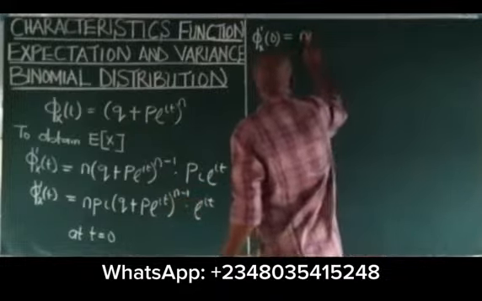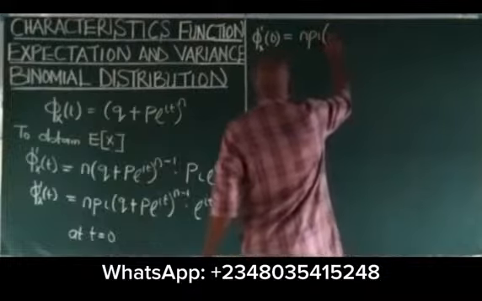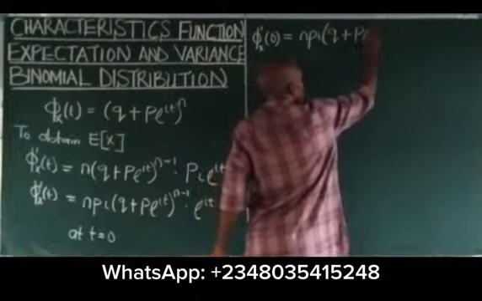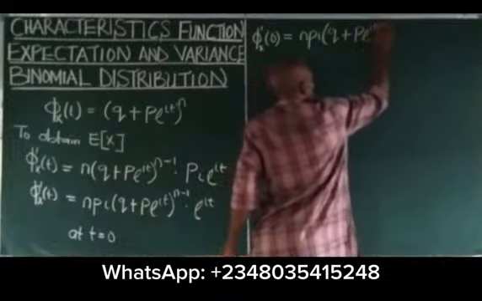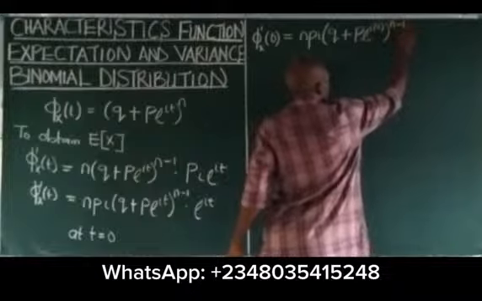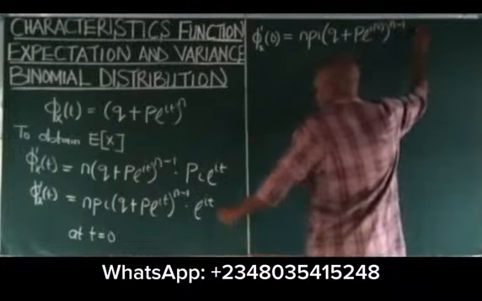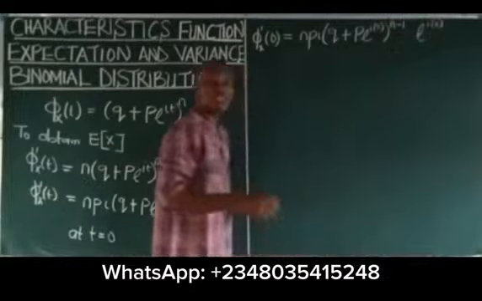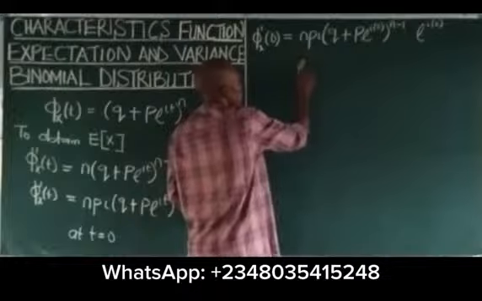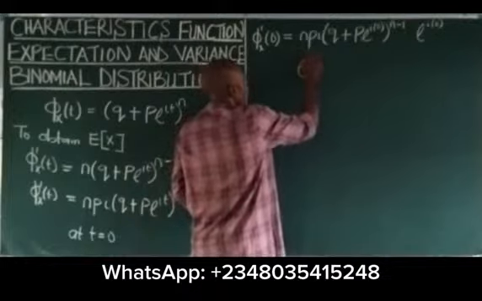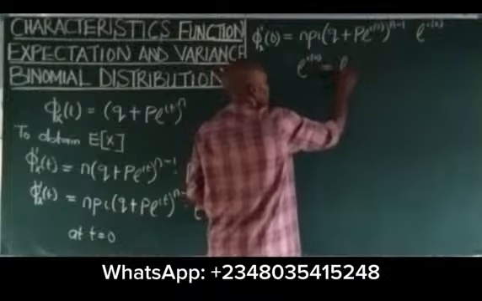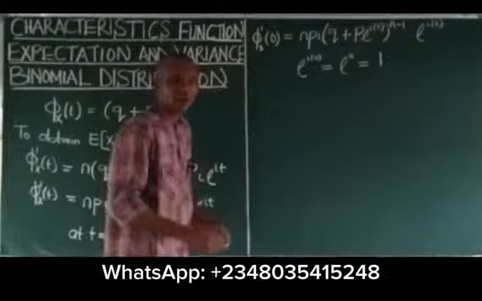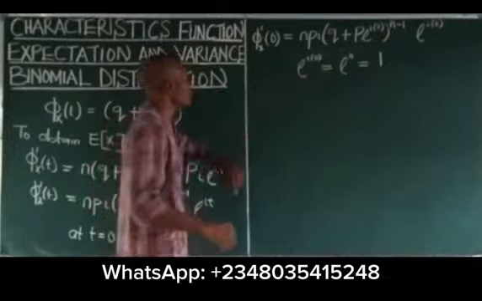So we have n pi into (q + p e^{i·0})^{n-1} multiplied by e^{i·0}. Of course, anything raised to the power of 0 is 1. That is, e^{i·0} is the same thing as e^0, which is equal to 1, because anything raised to the power of 0 is equal to 1 from indices.